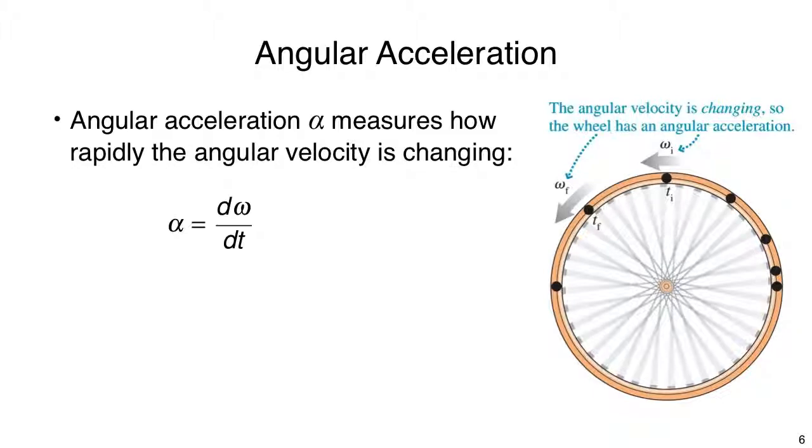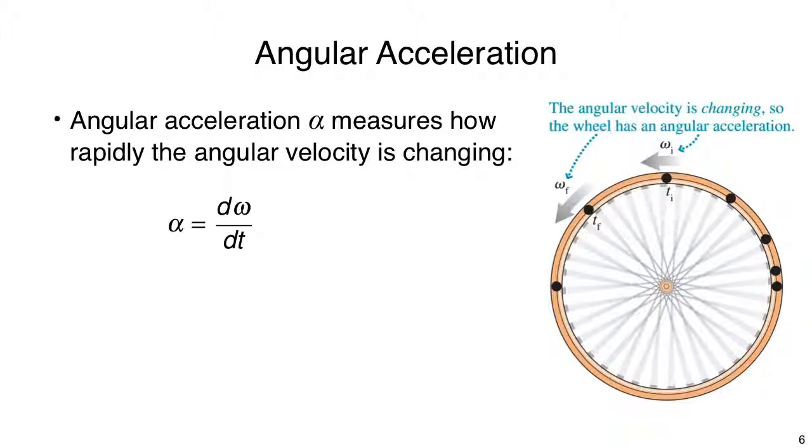The acceleration is the slope of a velocity time graph. Can you see that we should be able to say the same things? If I have an angle time graph, its slope would be the angular velocity. If I have an angular velocity time graph, its slope would be the angular acceleration. So we're building up the same ideas that we saw before, but now just in rotation.